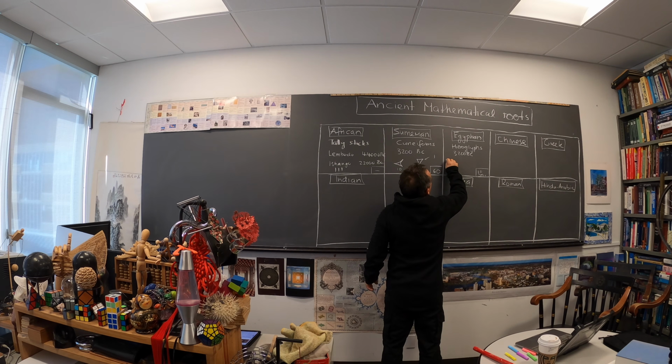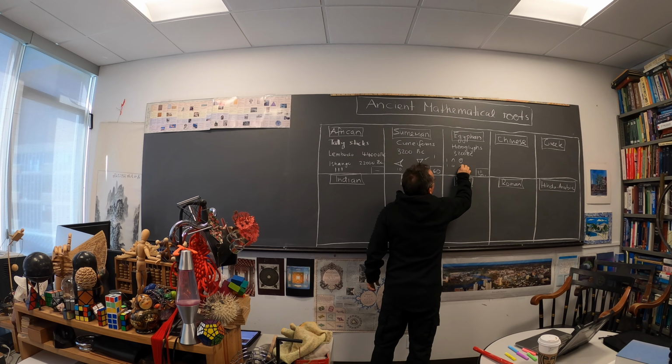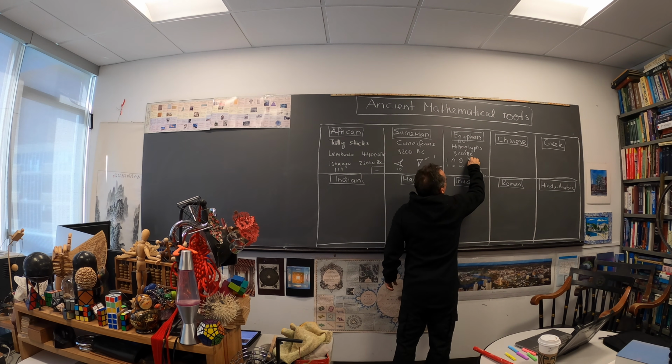So there is 1, then there is 10, then there is 100, which is the monkey tail, and then there is, so this is 1, this is 10, this is 100, and then came the lotus flower, which is something like that.